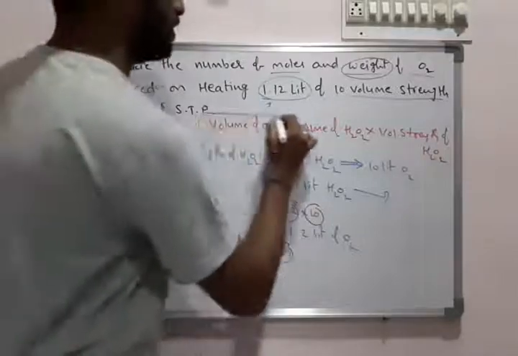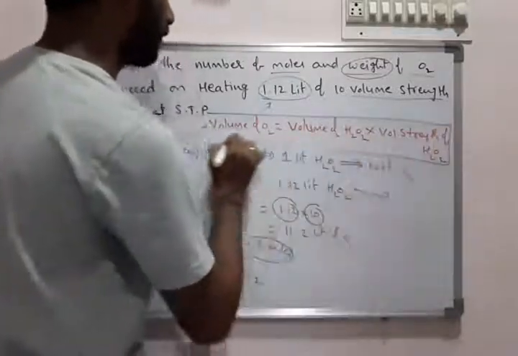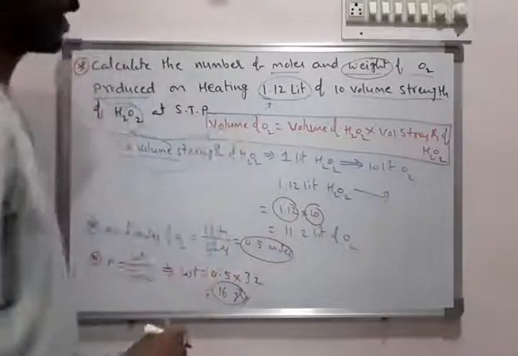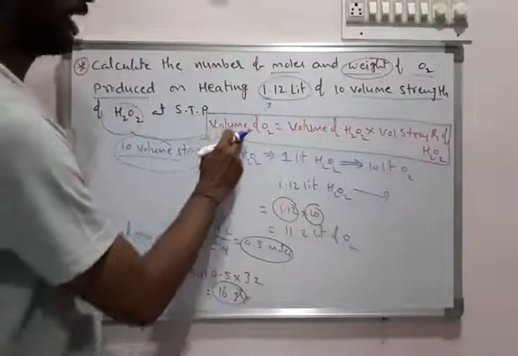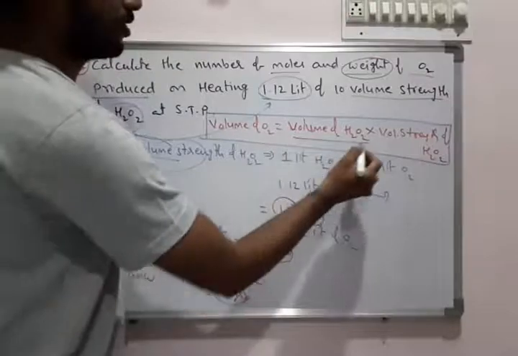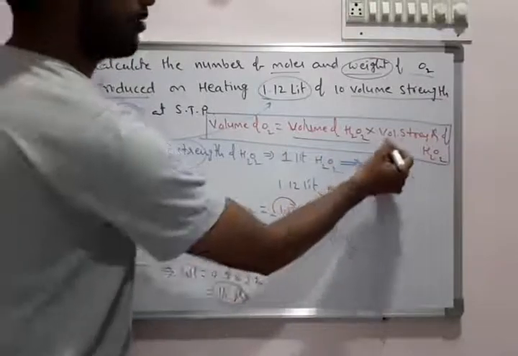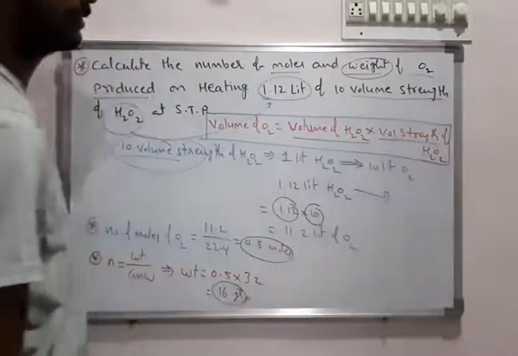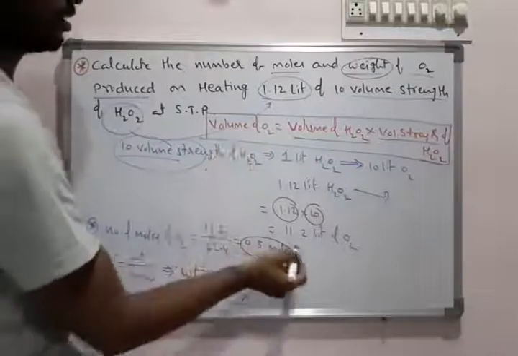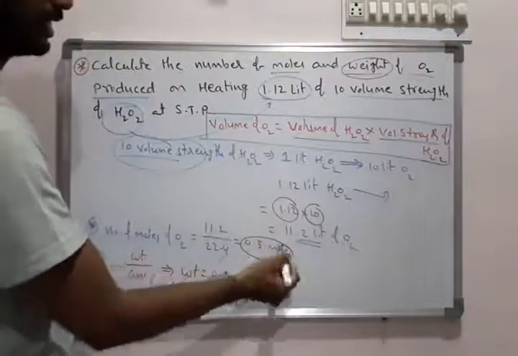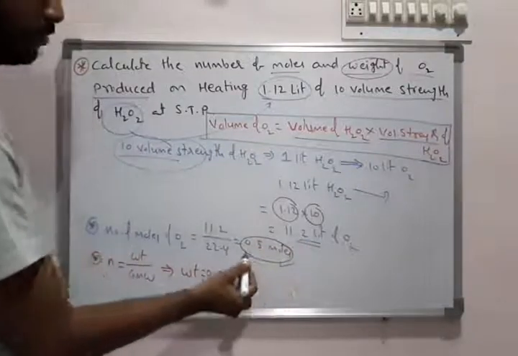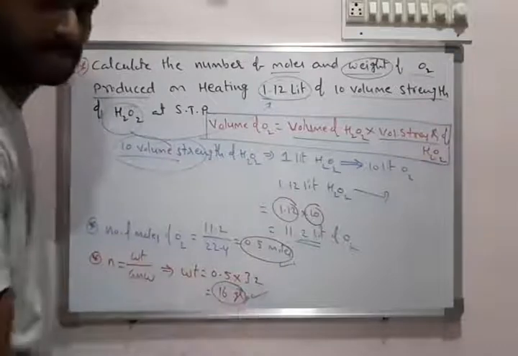Volume of oxygen obtained from any sample of hydrogen peroxide can be calculated as volume of hydrogen peroxide times the volume strength of hydrogen peroxide. It will give the direct answer, the same 11.2 liters. Then it is converted to moles. With the help of moles we convert it into weight. Okay.